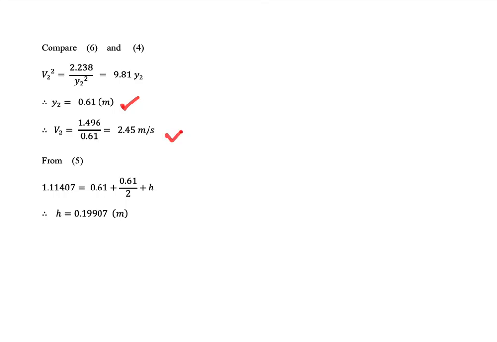This is not the final answer, because the question asks to calculate the value of h. So we substitute again in equation number 5, and we determine that h is equal to 0.1907 meter.